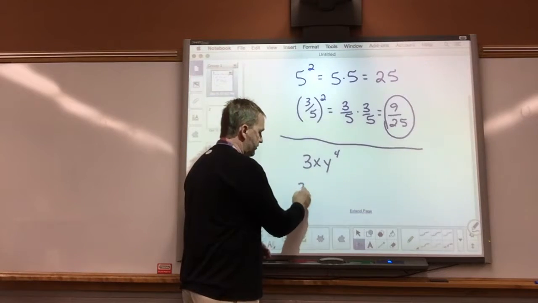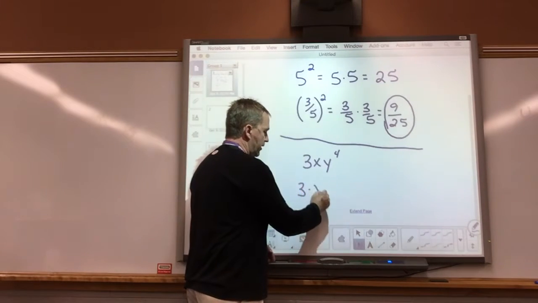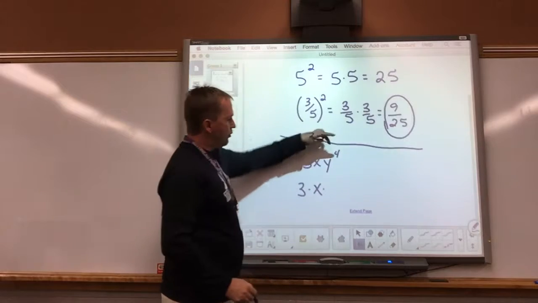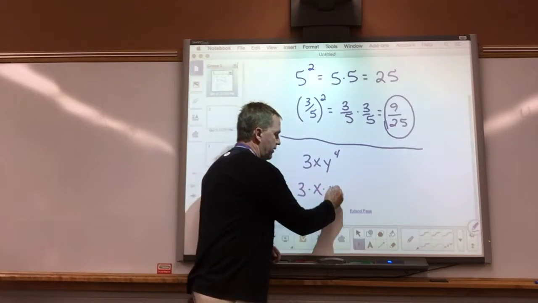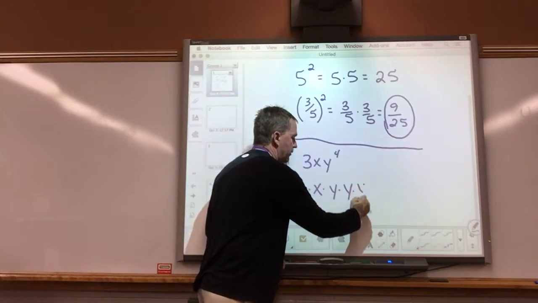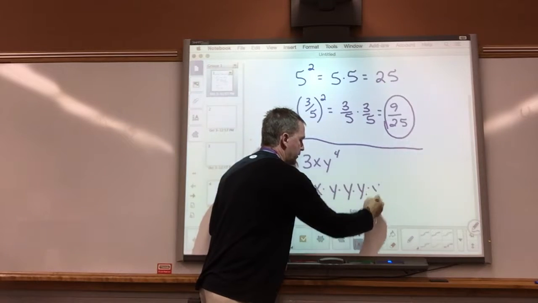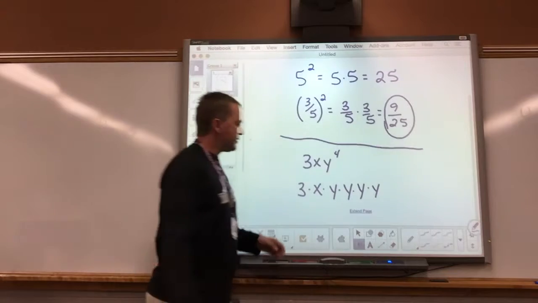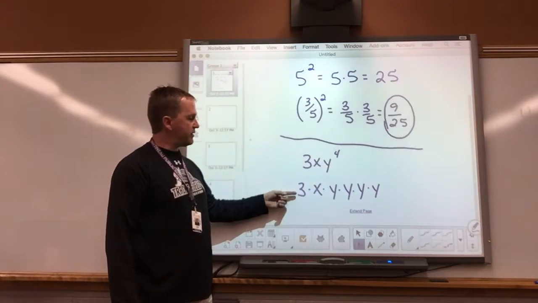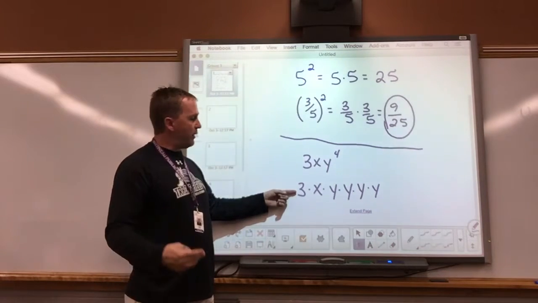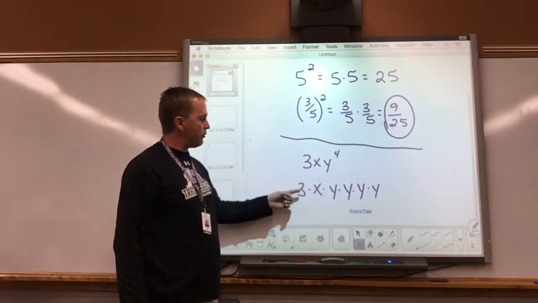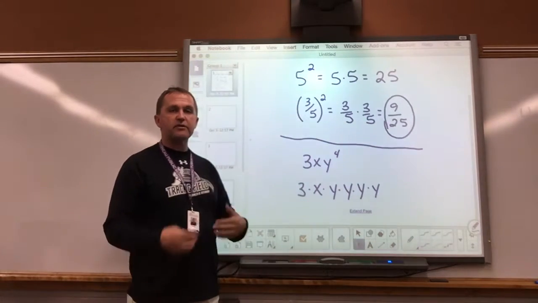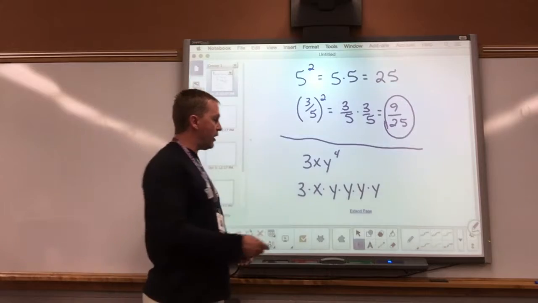So if that's the case, we have 3 times x times, we have 4 y's that should be multiplied. So it looks something like that. Now I'm not suggesting that this is simpler, but I'm hopefully reminding you that in this case the 4 is only on the y, so it would be 3 times x times y times y times y times y.